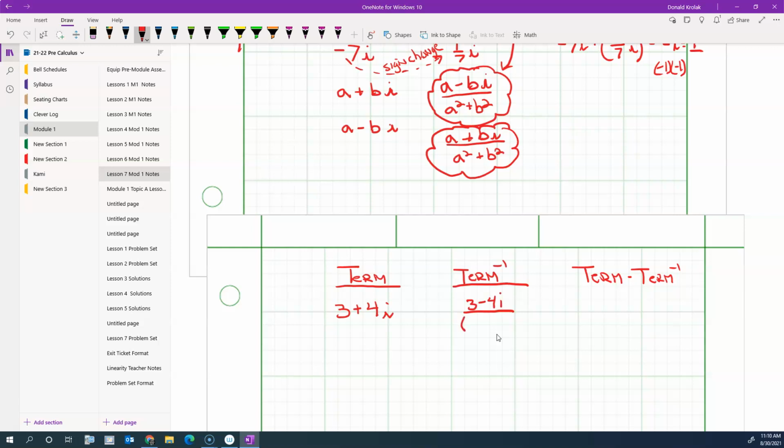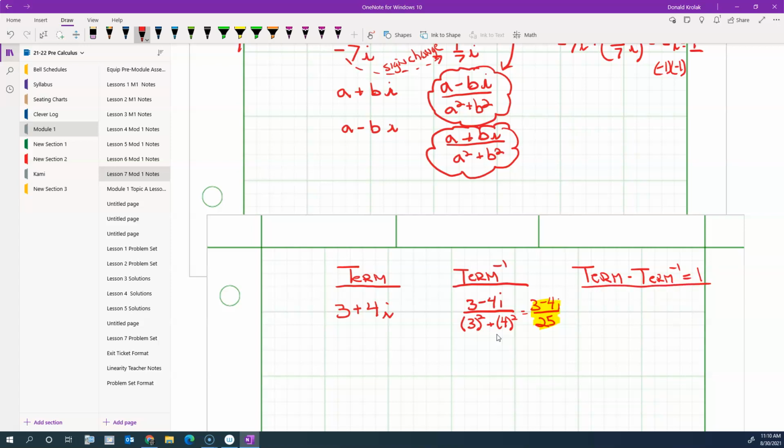And then the denominator is going to be 3 squared plus 4 squared. So that's 3 minus 4i over 25. And that is your inverse. If you multiply those two terms, you'd get 1.